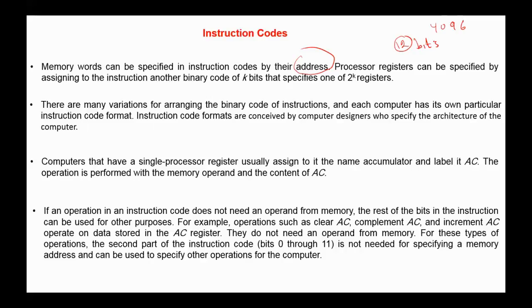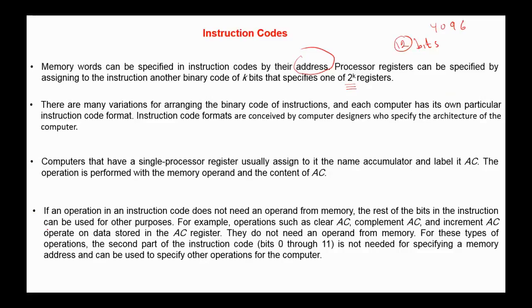Processor registers can be specified by assigning to the instruction another binary code of k bits that specifies one of 2 to the power k registers. Or if we have N registers, we need log N bits to address each register.